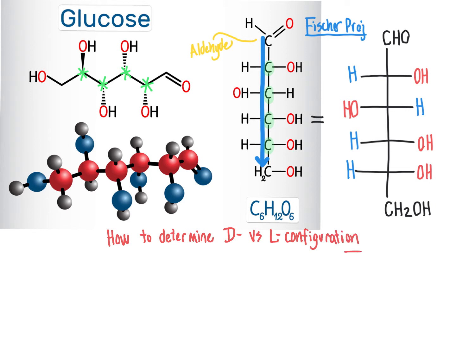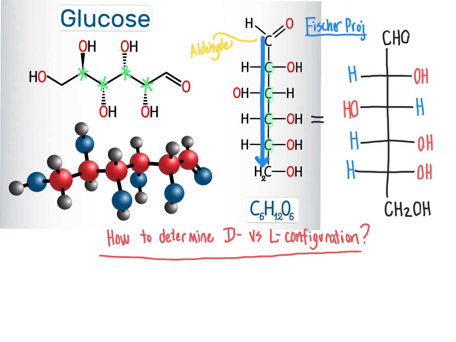Commonly, the D configuration is the configuration that is most well known and most widely used biologically. So when we think about the glucose that is present within our bodies, that particular stereoisomer is D-glucose.